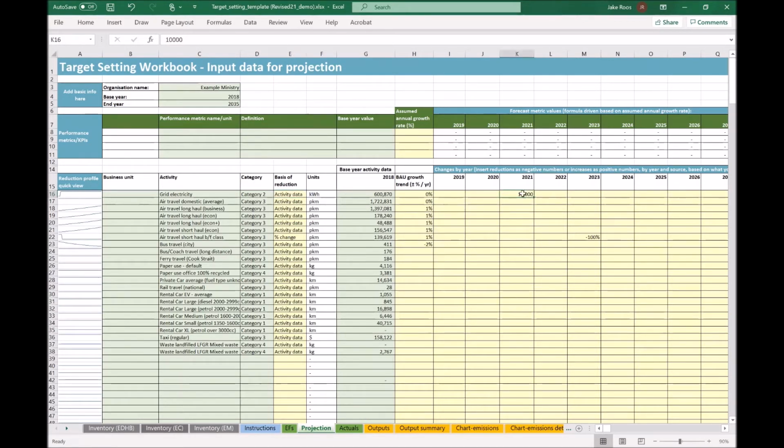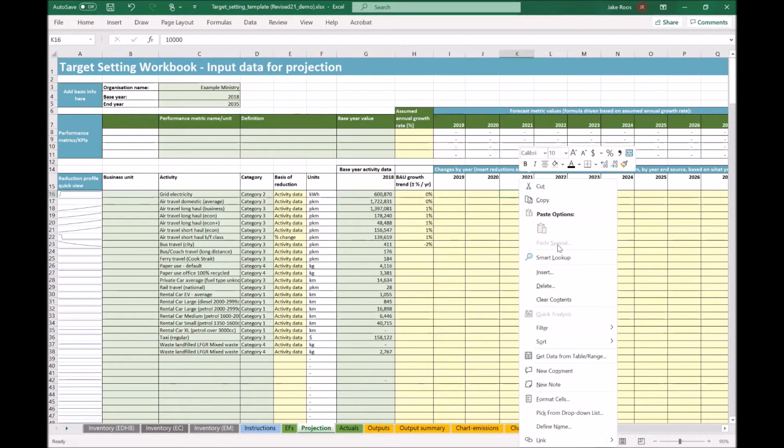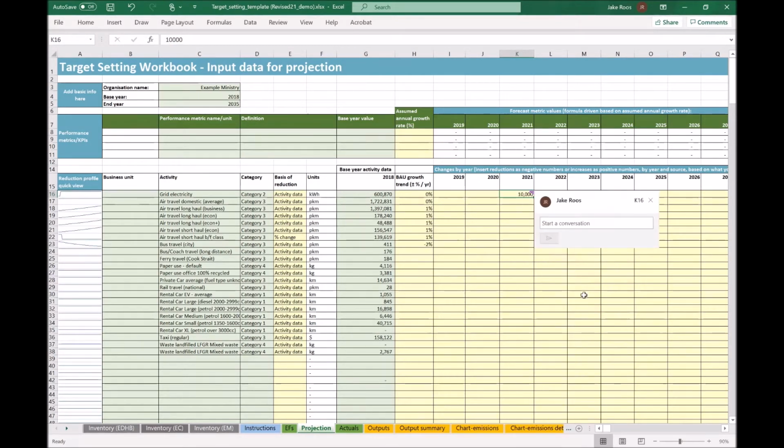Then it's probably sensible to add a comment here and say new facility opening, figure from consultant report dated XXX. Now when you go back there in the future, or if someone else is looking at this worksheet, they can click on the cell and very quickly get an idea of where these numbers are coming from.